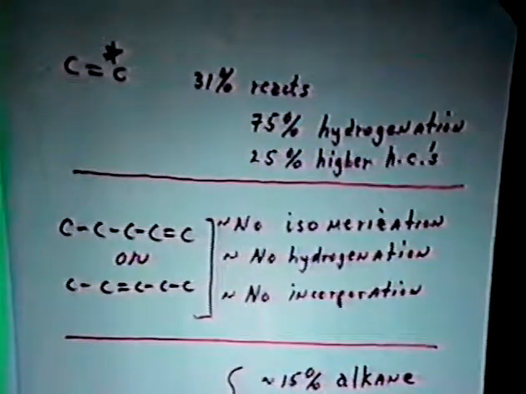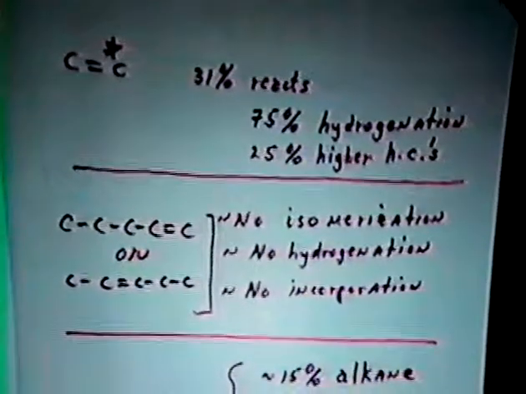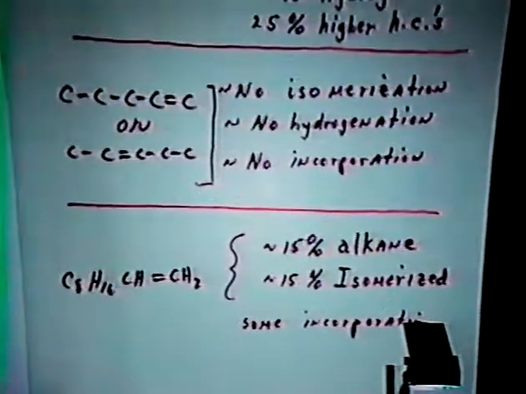The 1-pentene or the cis or trans 2-pentene essentially undergo no detectable reaction. With the decene, about 15% of it is hydrogenated, about 15% undergoes isomerization to other C10 olefins, and so it is being absorbed. It's having the chance to incorporate, but again, a small amount is all it does incorporate.